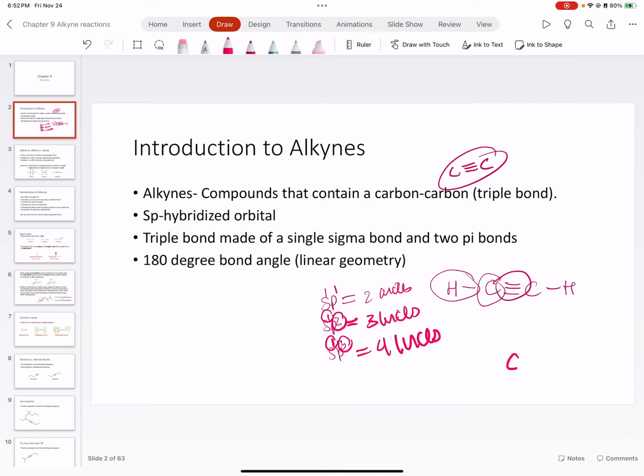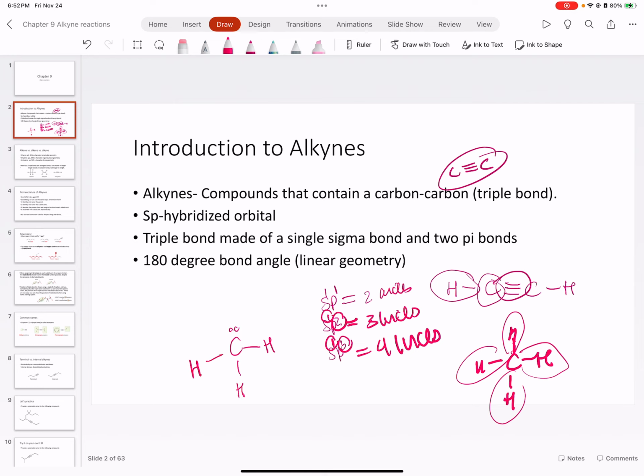So for something like this, I have 1, 2, 3, 4, so it will still be sp3.